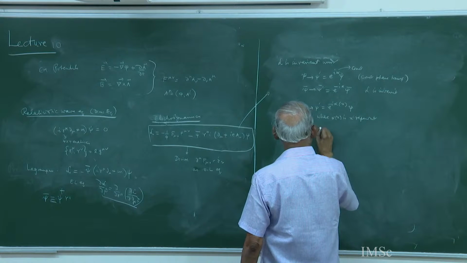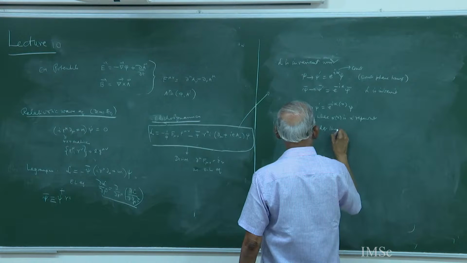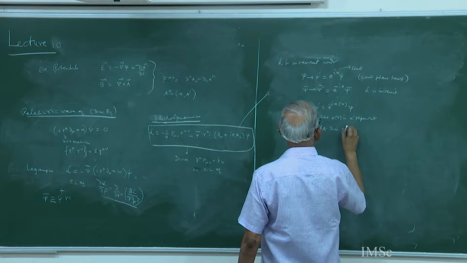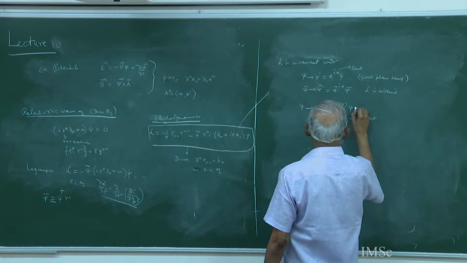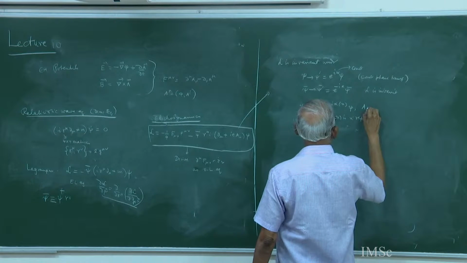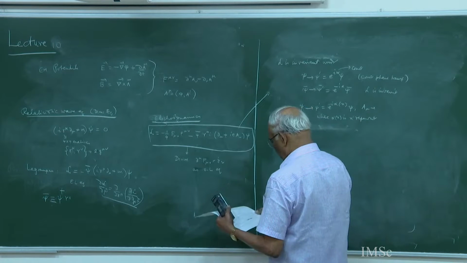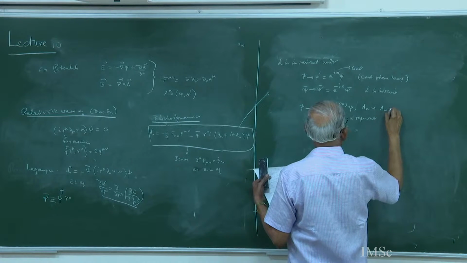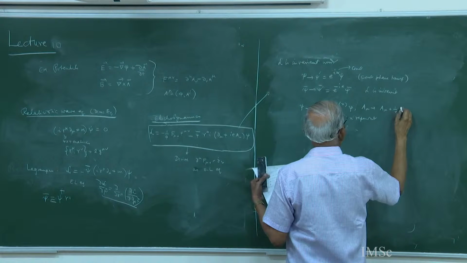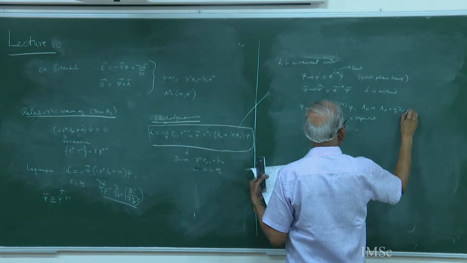Under this also, no, this is not enough. Now what happens is the A mu also has to be transformed. Let me get it right. A mu goes to A mu plus 1 over e into d mu alpha.